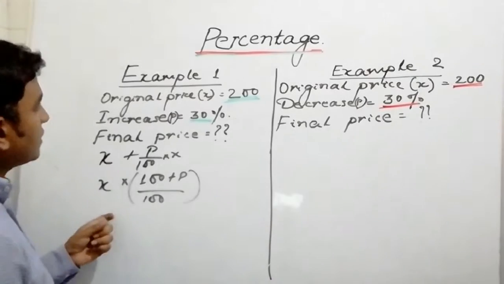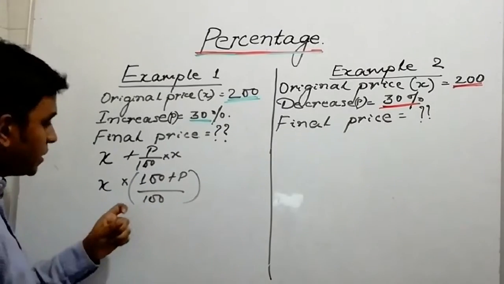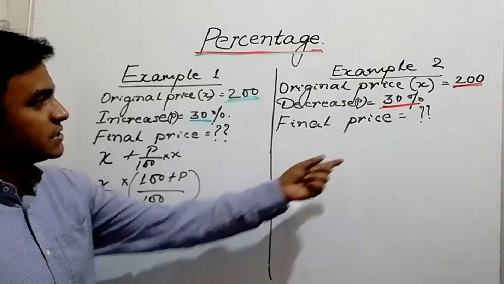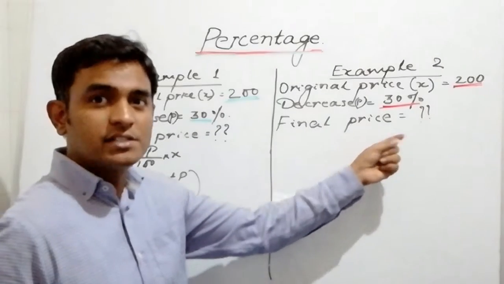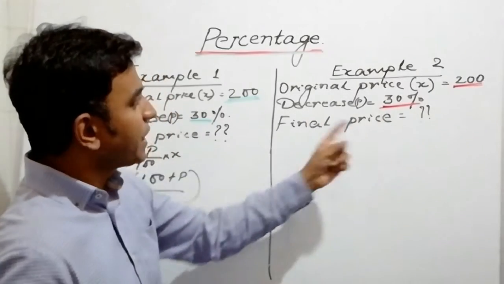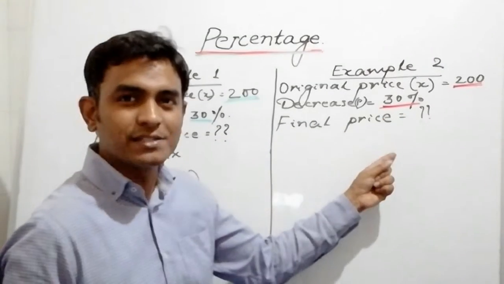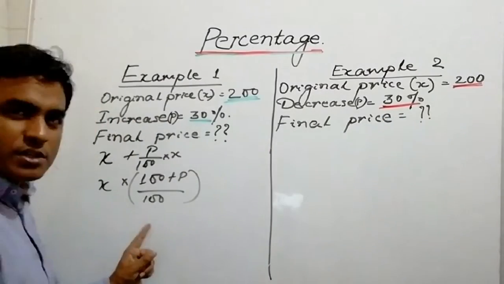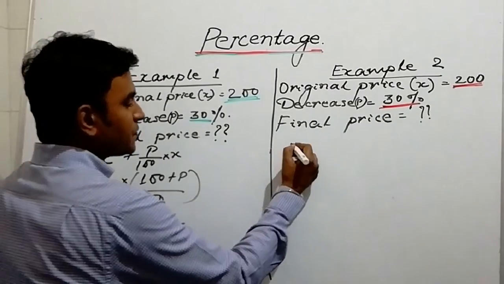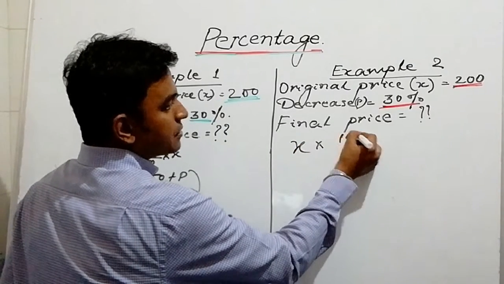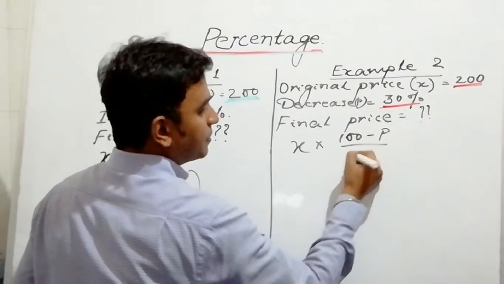So whenever there is an increase, you know that you need to multiply with a multiplying factor which is greater than 1. Whereas here, there is a decrease. The original price is 200 and there is a decrease of 30%. You need to find the final price. Using a similar concept, the final price will be X into (100 minus P) divided by 100.